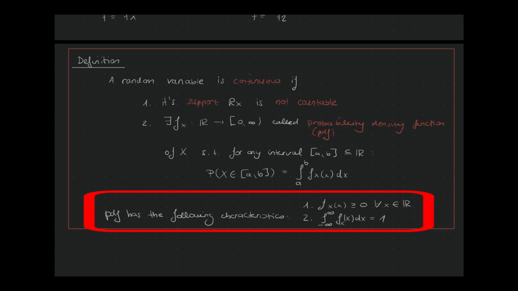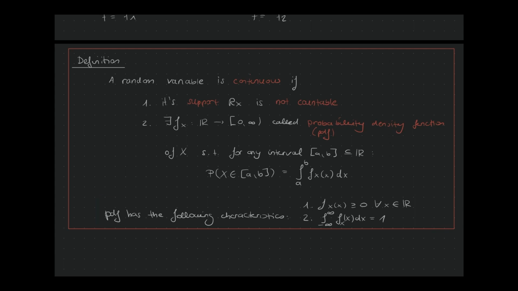The first property makes sense since a negative probability density function would correspond to a negative probability in that interval, which obviously violates Kolmogorov's axioms. The second property makes sense since the probability has to be equal to 1 when we take the whole support of a continuous random variable into account.